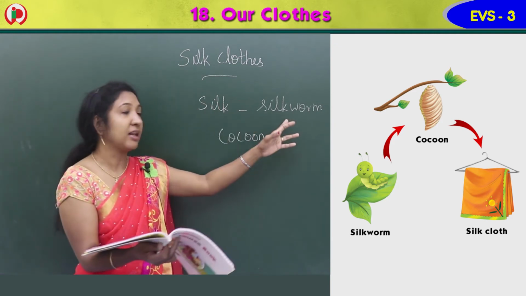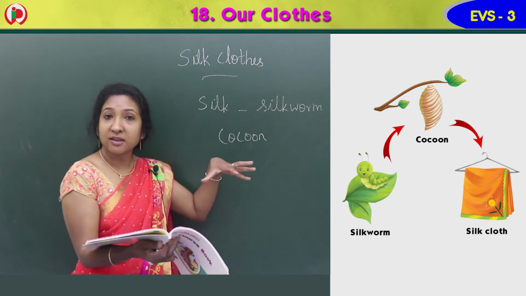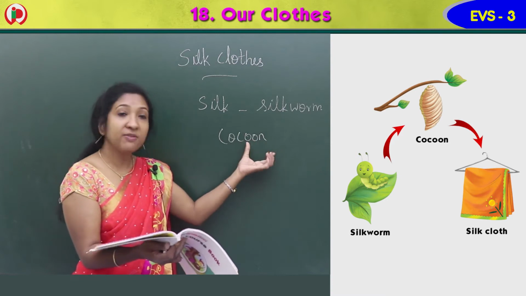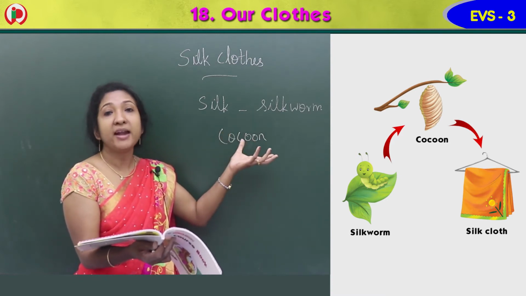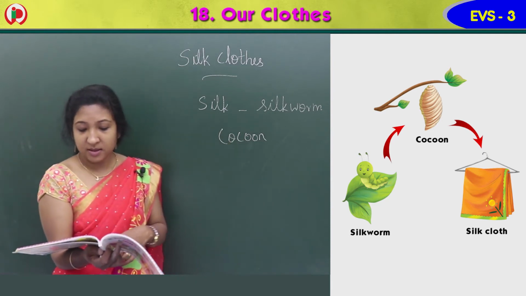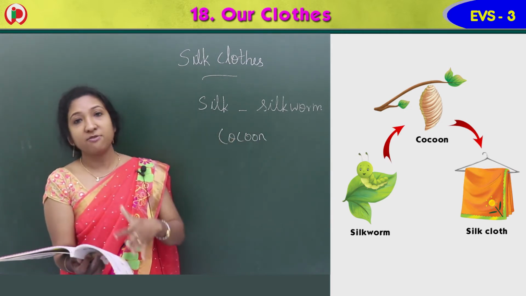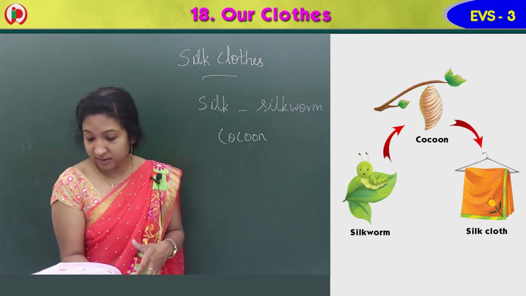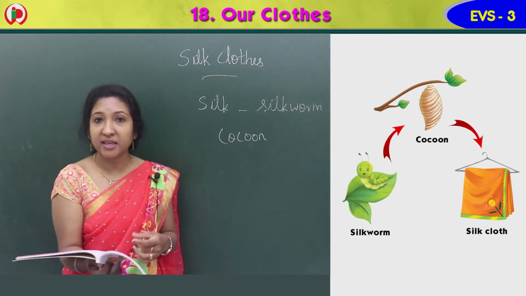Then we make silk thread from that, and using that we make silk clothes. You can see the image here: silkworm to cocoon, then from the cocoon we make silk cloth using silk thread. This is the process happening there.